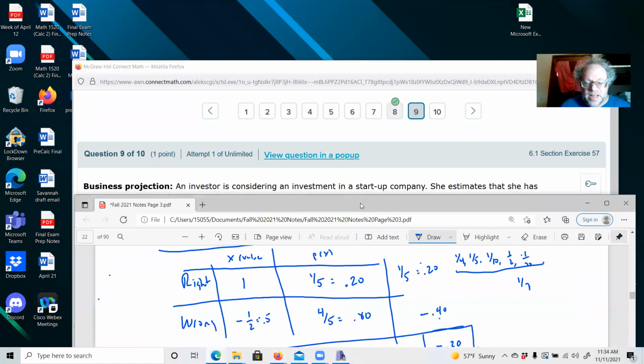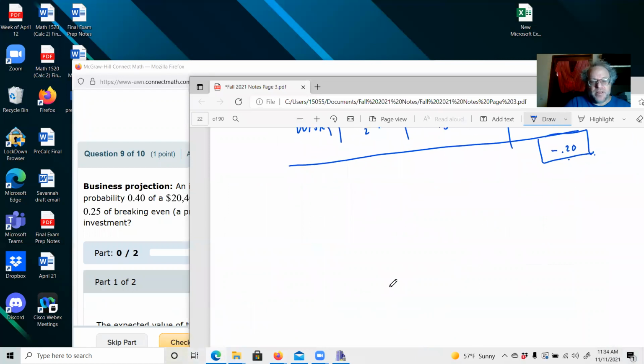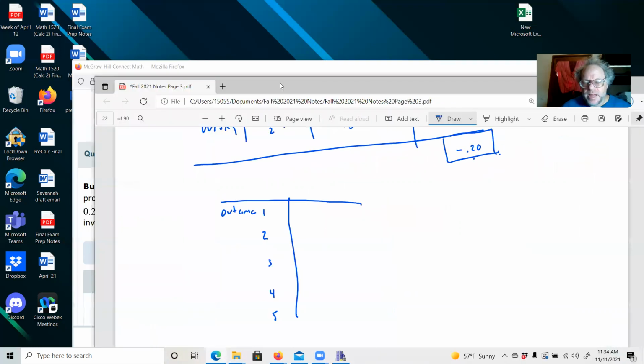So again, let's just set up our table. We'll just go through the scenarios. I wouldn't know what to call these, so I'm just going to call them outcome 1, 2, 3, 4, 5. Then we have a value of the event, that's what her profit's going to be, and a probability of that event.